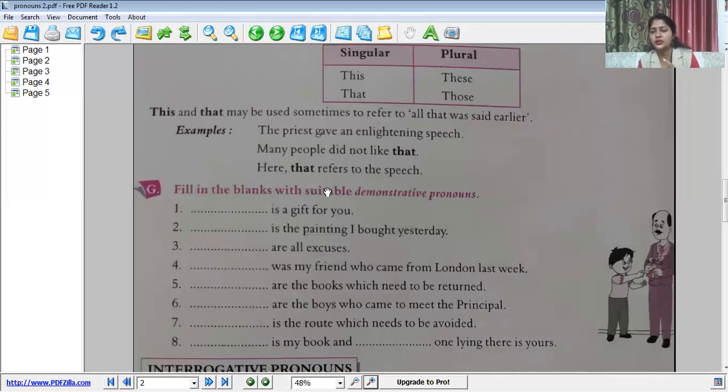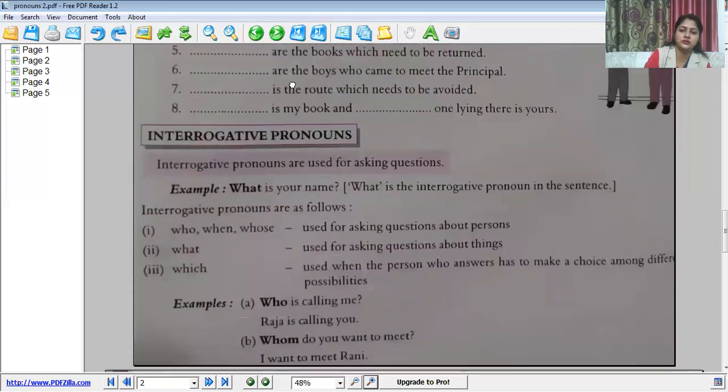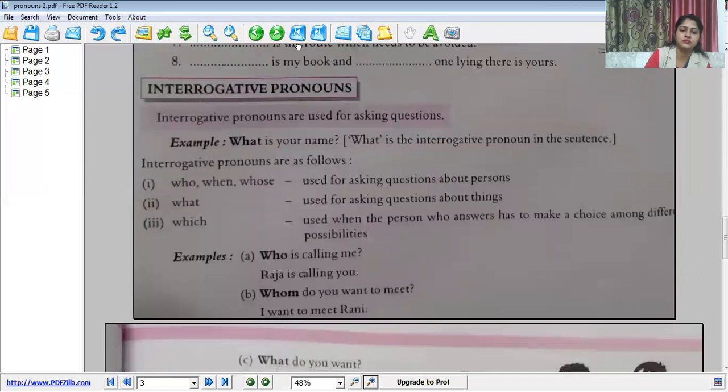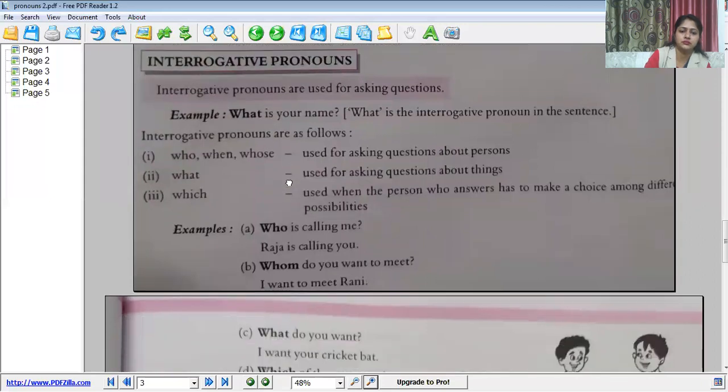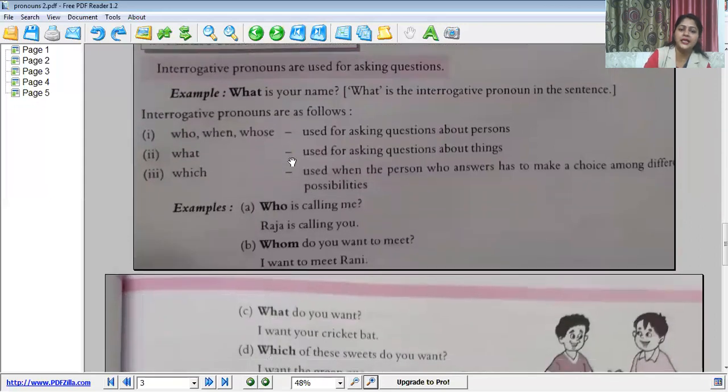Now we'll switch over to interrogative, asking questions, okay? Interrogative pronouns. Interrogative pronouns are used for asking questions. What is your name? What is the interrogative pronoun in this sentence?